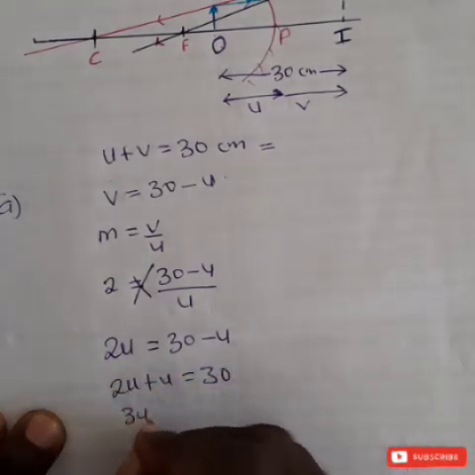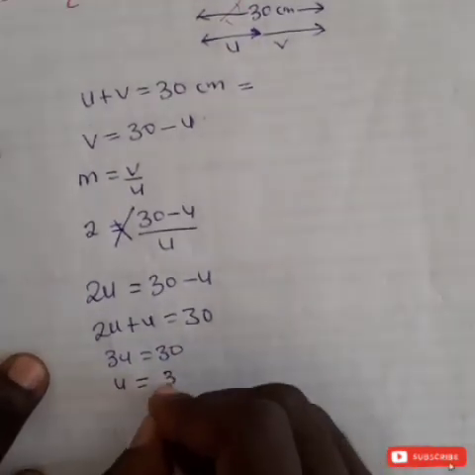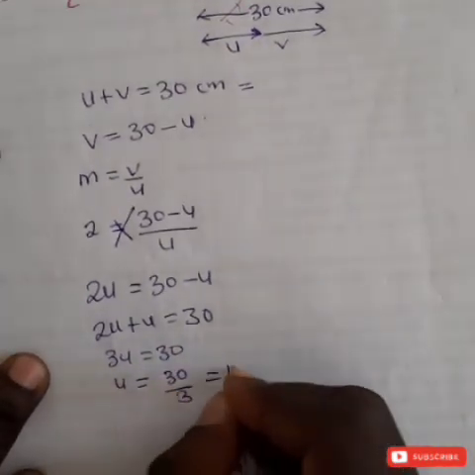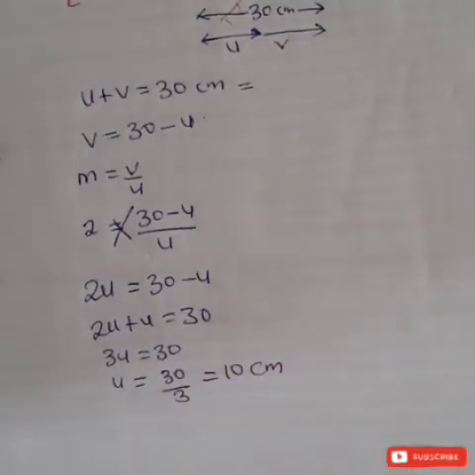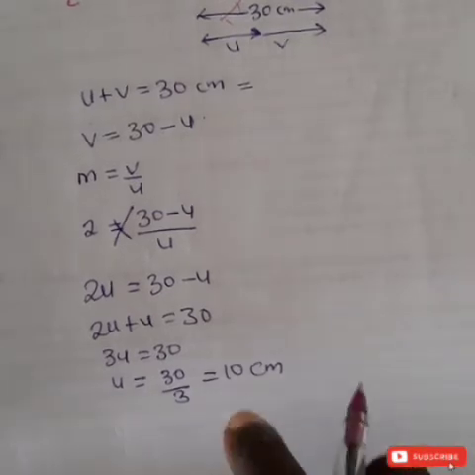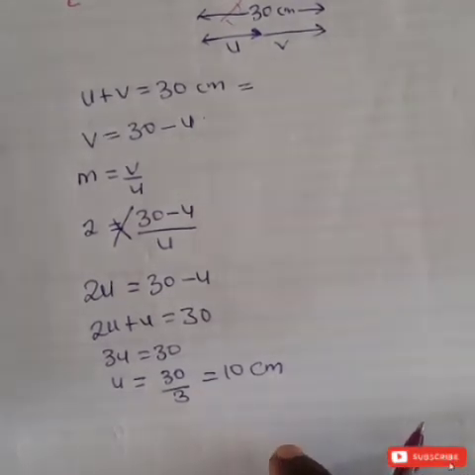So 3U equals 30 and U equals 30 divided by 3, which is equal to 10 cm. So the distance of the object is 10 cm.